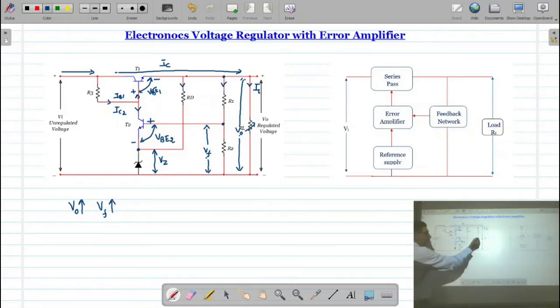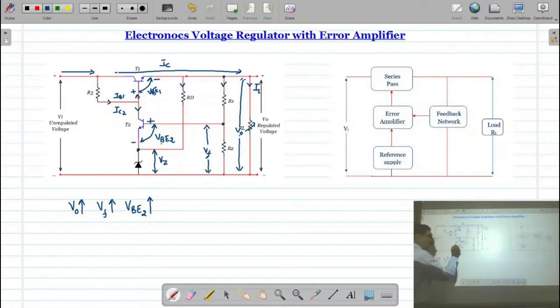Feedback voltage is increasing means what? That it is VBE2. Now in this case the emitter voltage is going to remain constant, but the base voltage is nothing but my feedback voltage. So the VBE2 voltage will also increase.